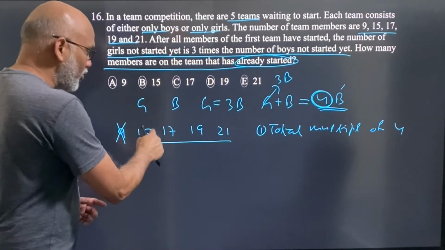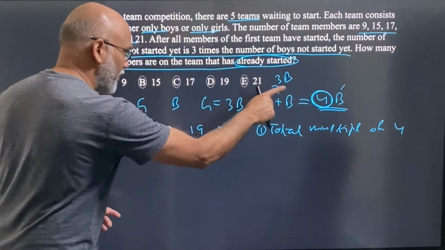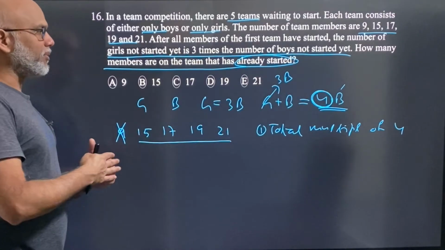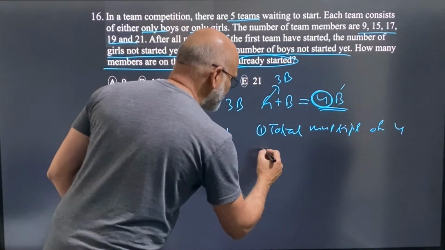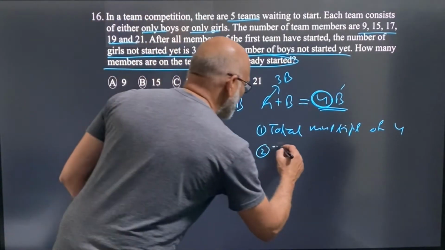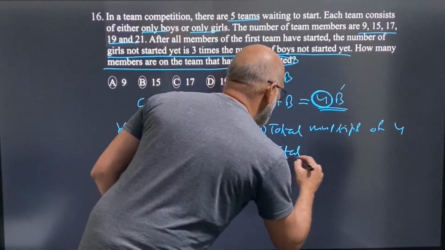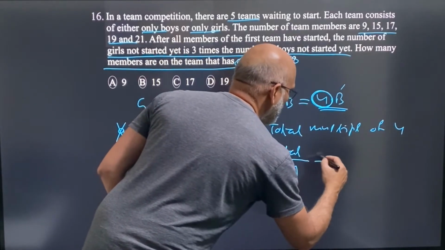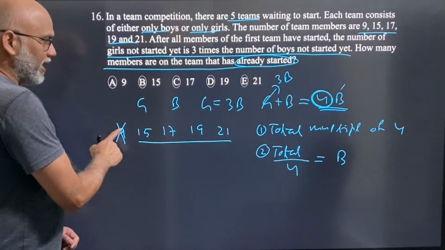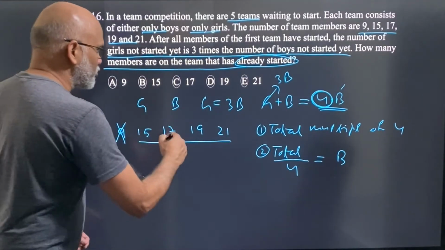So either one of the numbers needs to be that B, or few of the groups, they need to add up to give me that number. So that is the second condition. Total by 4 should be B.